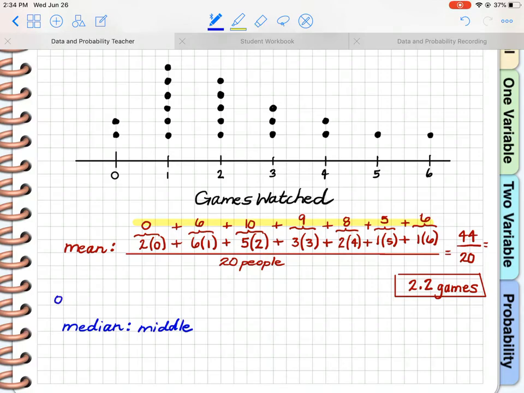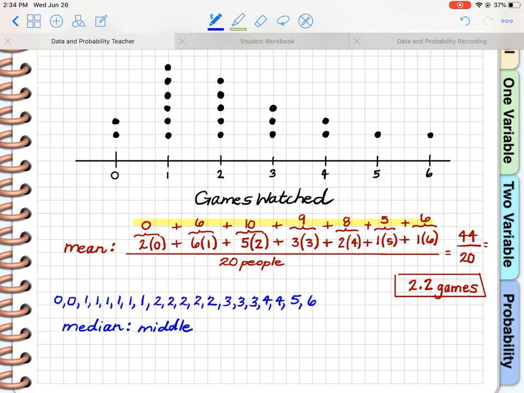Okay, so we had 2 zeros. We had 6 ones. We had 5 twos. Remember, for median, you always need an ordered set of data. 3 threes, 2 fours, a 5, and a 6.